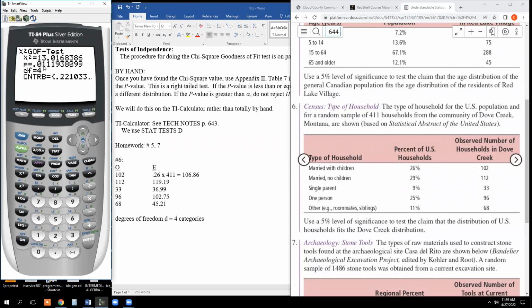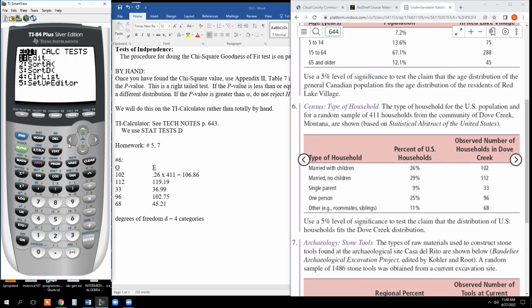So for this problem, we would reject the null hypothesis. We would conclude that the Dove Creek household distribution, at least based on this data we have, does not fit the general US household distribution. Again, we reject the null hypothesis because your p-value was less than alpha.